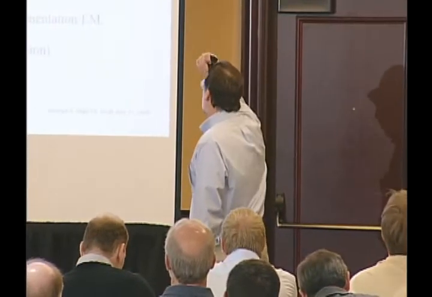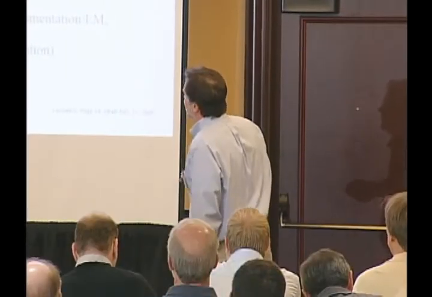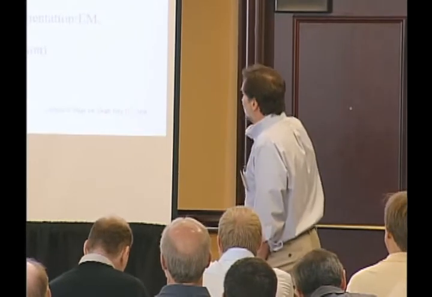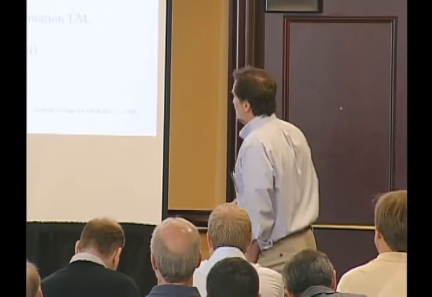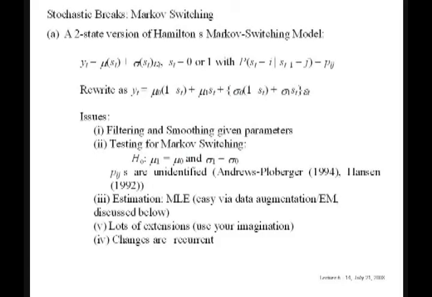Okay? You could think about doing estimation and stuff like that using the kinds of filtering things that we talked about earlier. The little subtleties here that are just worth mentioning, right, is testing for Markov switching in this model is a little difficult, right? So you want to say, are things constant or is there switching, right?